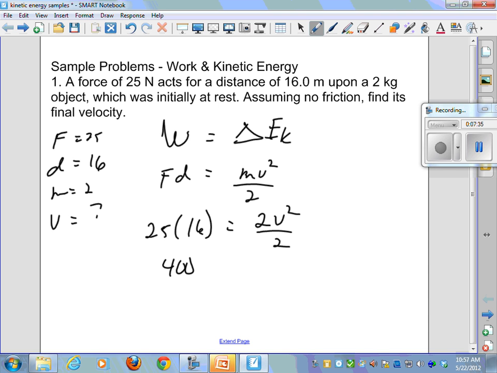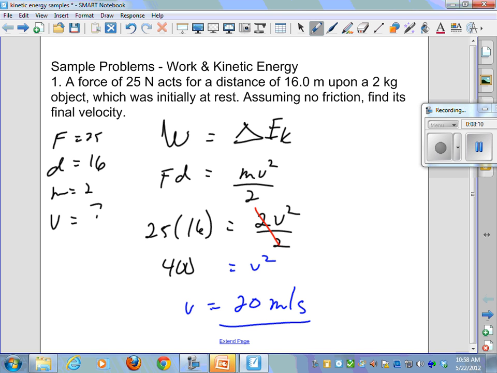I wonder if I did that on purpose. Change in kinetic energy is equal to v squared. So v here is simply the square root of 400, which is 20 meters per second. So you can do kinetic energy formulas in your head. Meters per second. Easy enough.